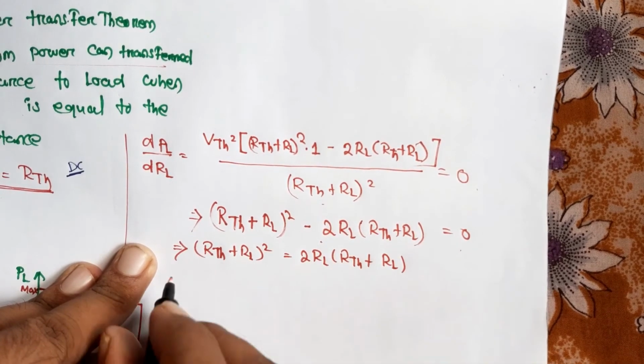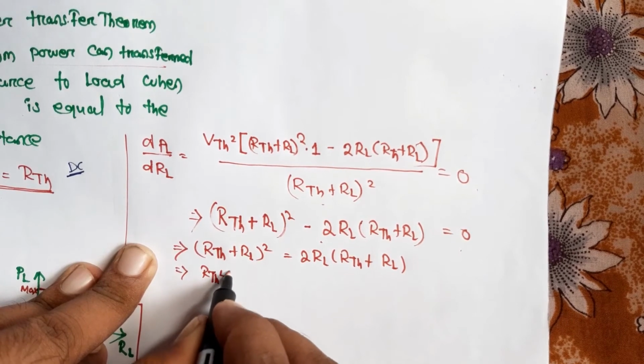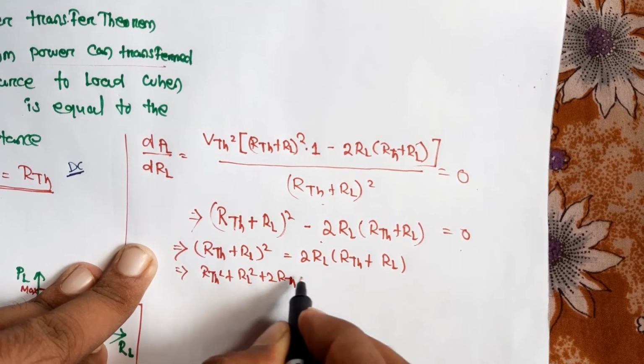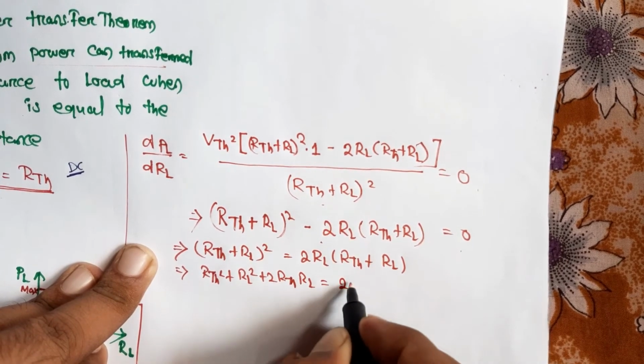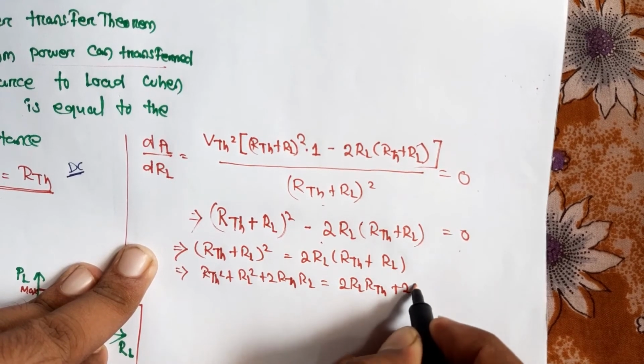Simplifying, RTH square plus RL square plus 2 RTH RL is equal to 2 RL RTH plus 2 RL square.